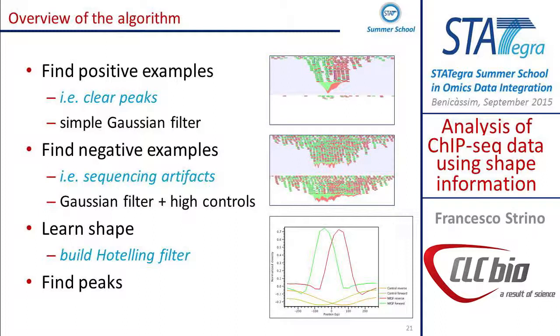Reads mapping afterward will be high after the center of the peak, and then for controls, they're actually less than 0. So if you have a lot of control, it will count actually downwards. So you don't want a lot of reads. And this shape is just learned from having a lot of positives and a lot of negatives. And once we have this shape, you can basically scan the genome and find things that look like this.